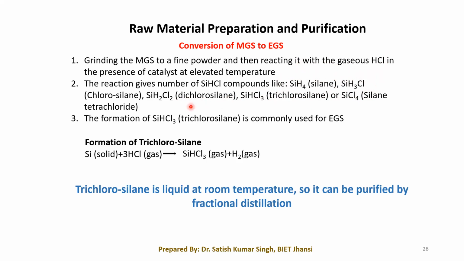Then we have dichlorosilane, SiH2Cl2. Then we get trichlorosilane, SiHCl3, or silicon tetrachloride, SiCl4. So for converting the MGS to EGS, we generally use trichlorosilane as the product.